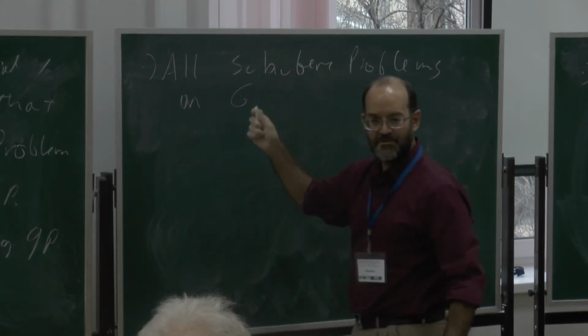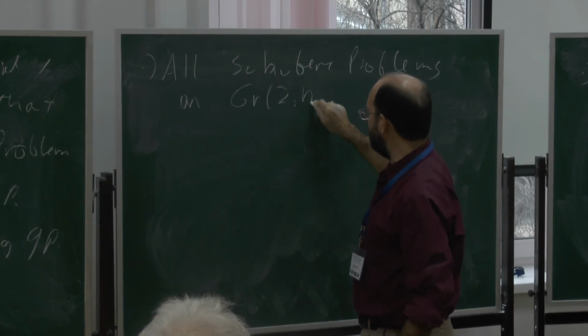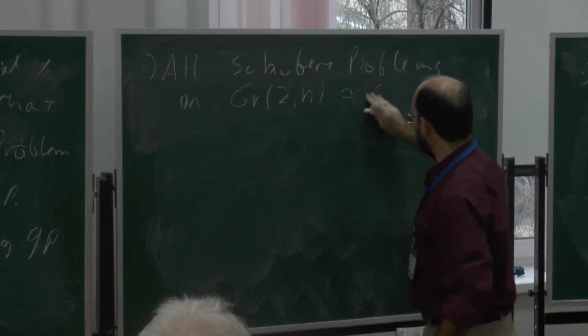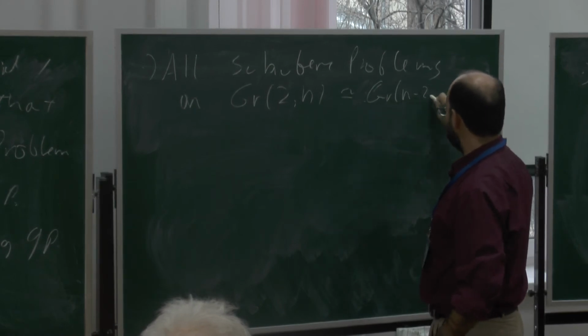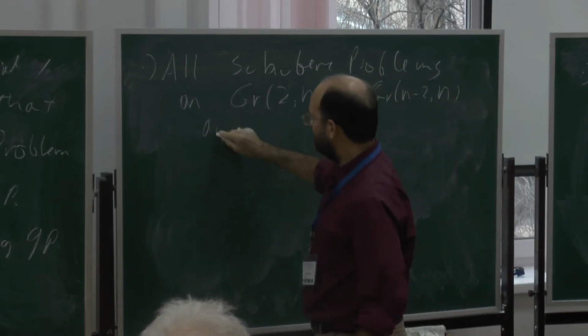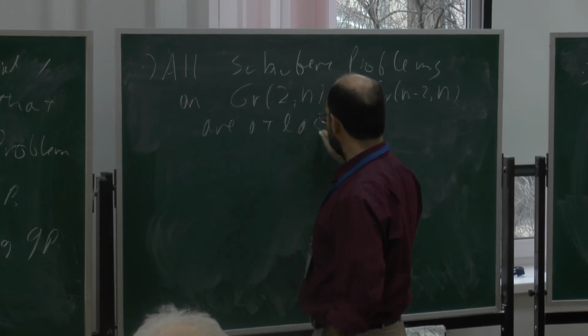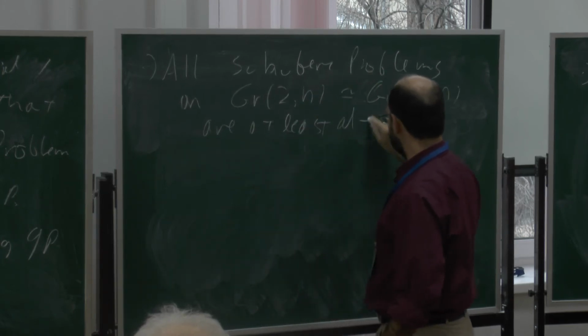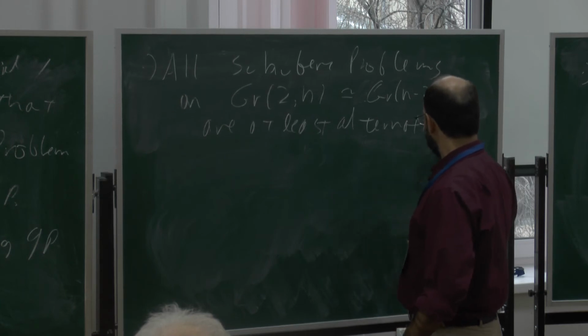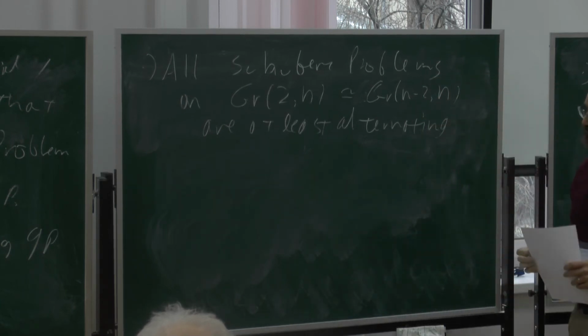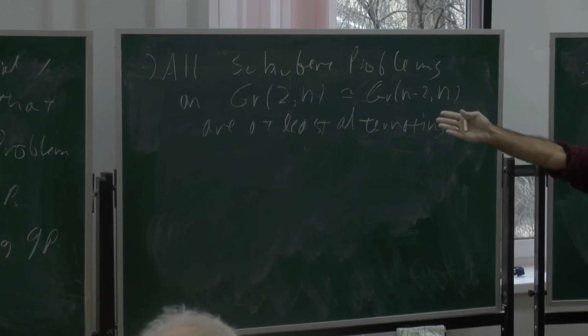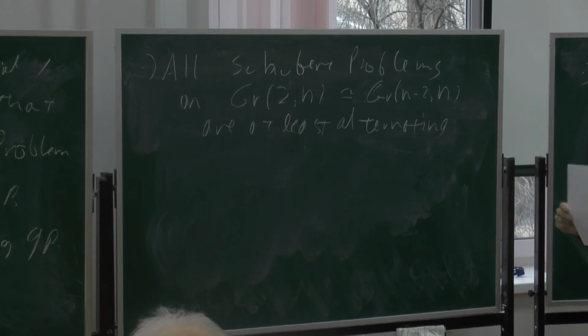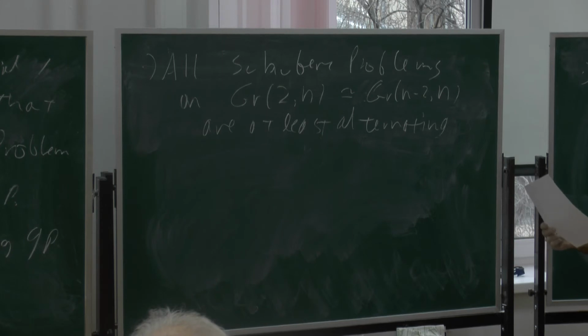I'm going to talk about the Grassmannian. All Schubert problems on the Grassmannian of two planes in n space, which is isomorphic to the Grassmannian of n minus 2 planes in n space, are at least alternating. We use Vakil's criterion and either some very complicated estimates of combinatorial numbers, or some more geometry and then some less complicated estimates.